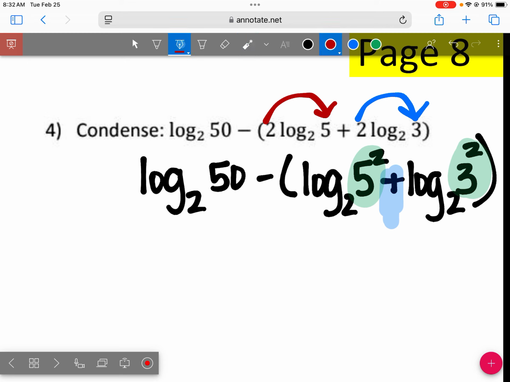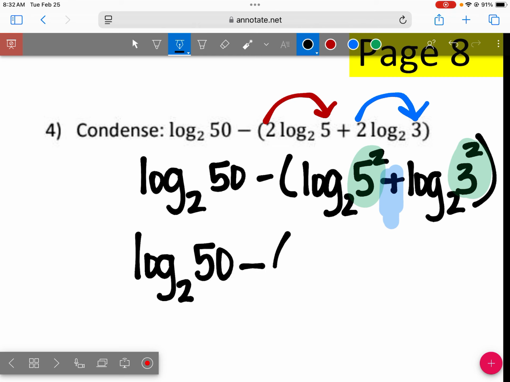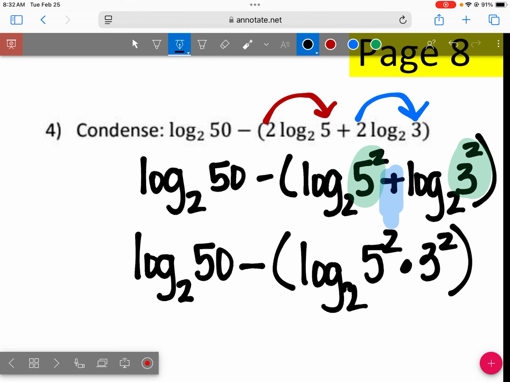So that's going to give me log base 2 of 50, minus, and you really don't need the parentheses after we condense it, but I'll keep it. Log base 2 of 5 squared times 3 squared. So do you see how we went from 3 logs down to just 2 logs?